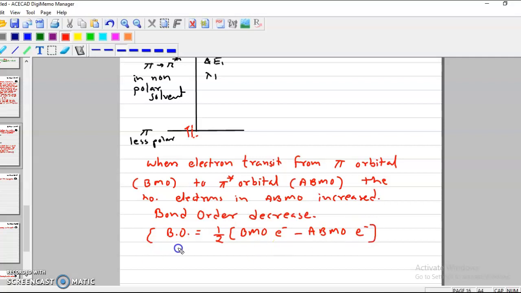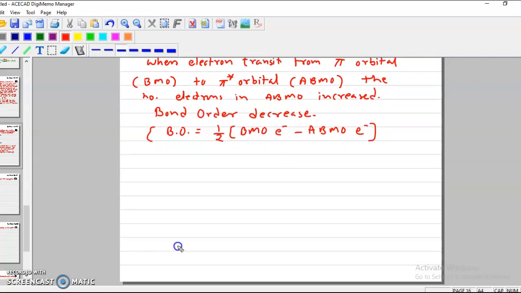So here, as the number of ABMO electrons increased, bond order decreases. If bond order decreases, then bond length increases, and of course bond strength decreases. These are all effects of bond order.